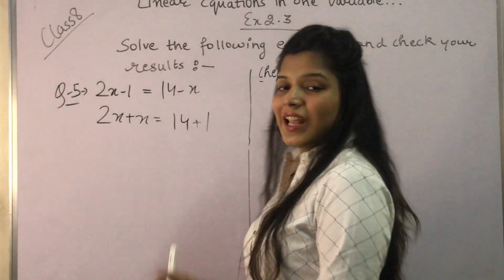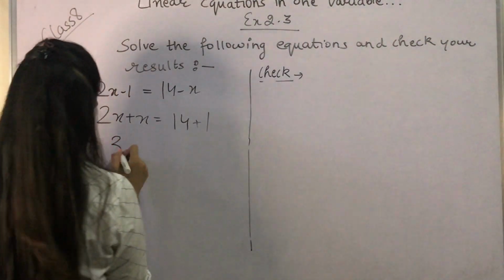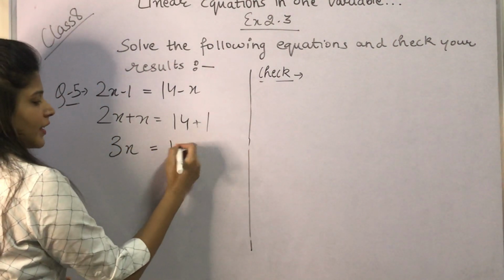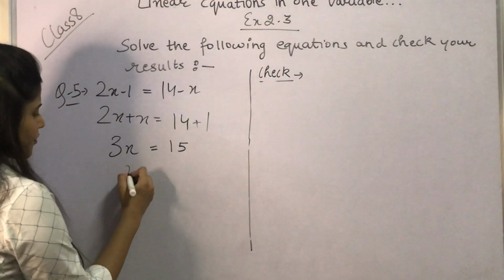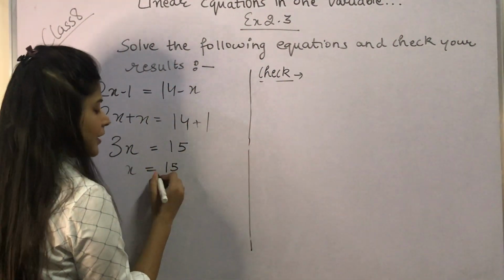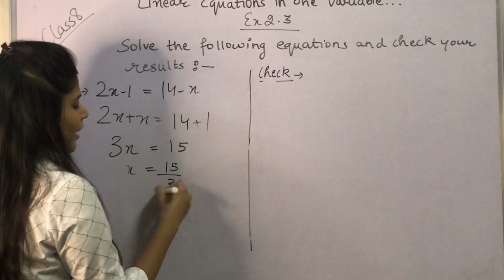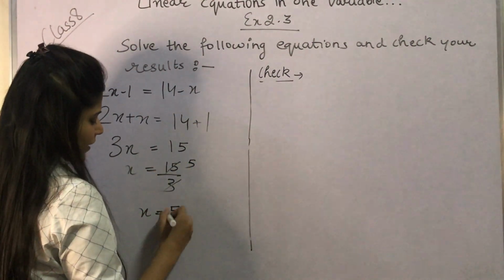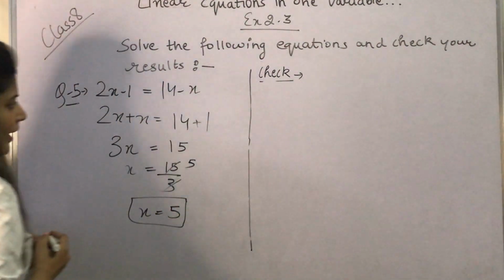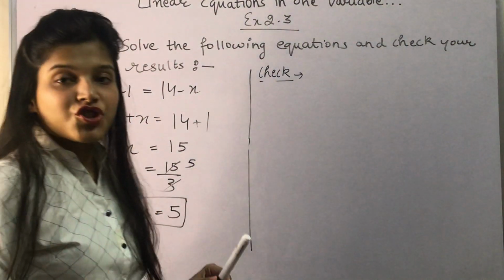Now 2x plus x is 3x and 14 plus 1 is 15. Now 3 is in multiplication, so x equals to 15 divided by 3, and we know that 3 5s are 15. So the value of x is 5. Now we will check.